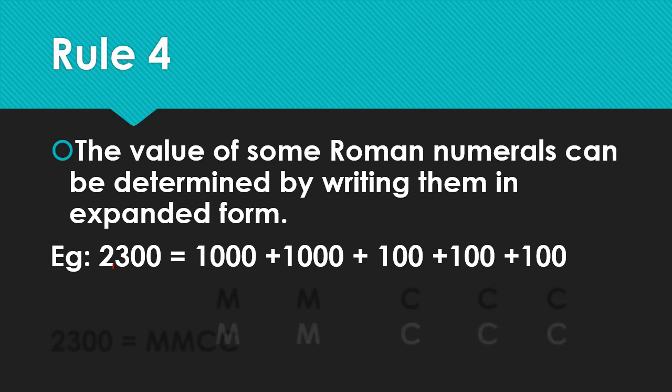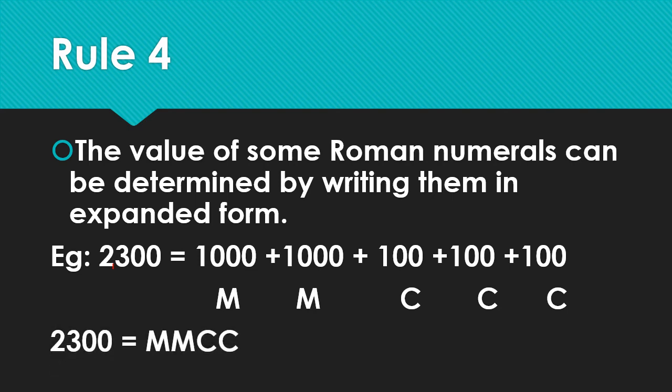Now 1000 is M and 1000 is M. 100 is C, 100 is C, then 100 is C. Now 2300 can be written as MMCCC. So you can split the number and you can find the Roman numeral.